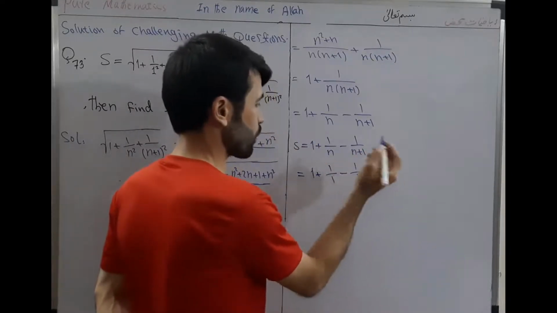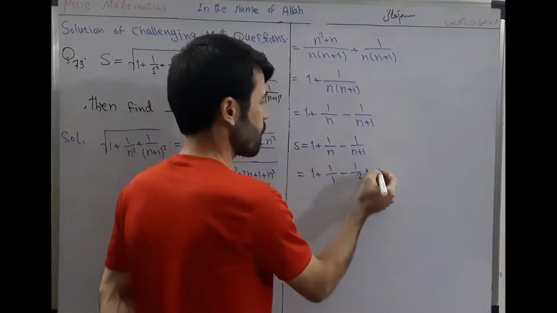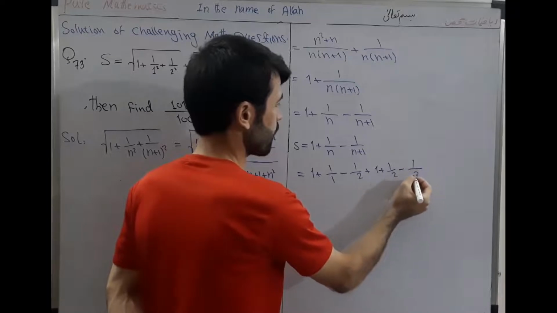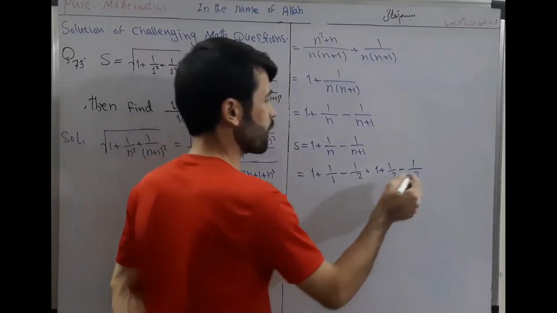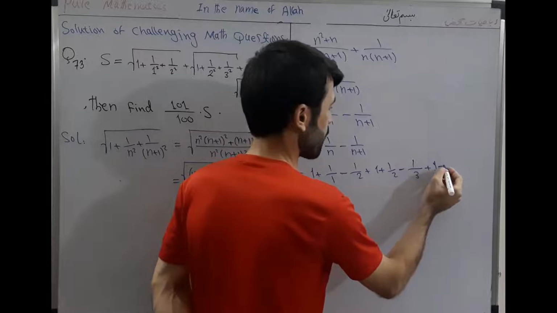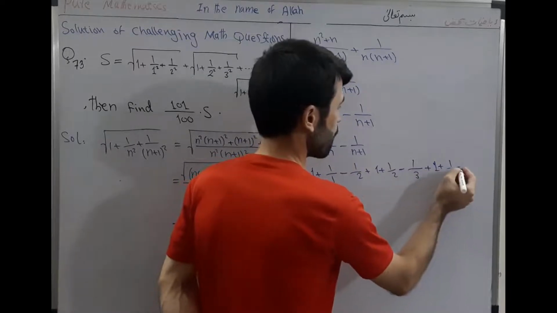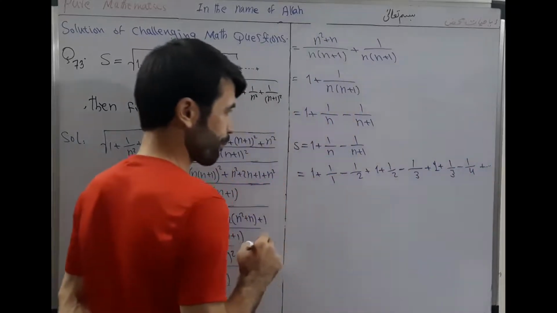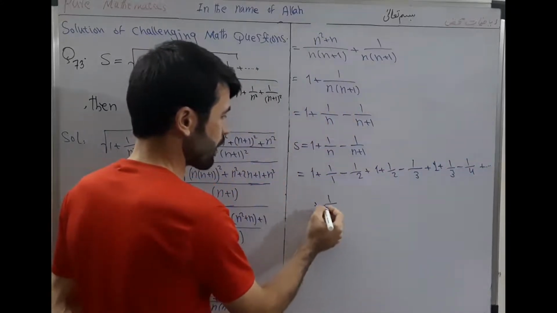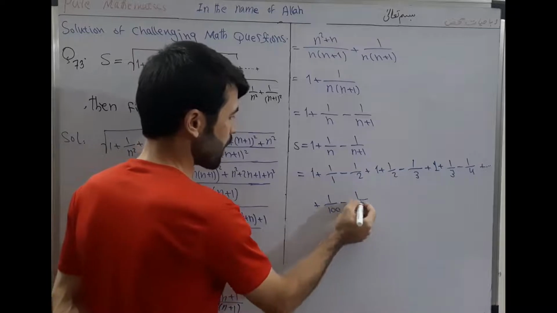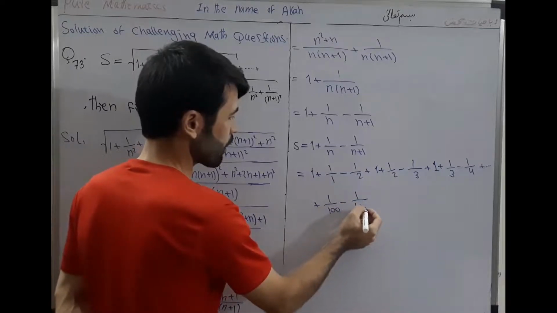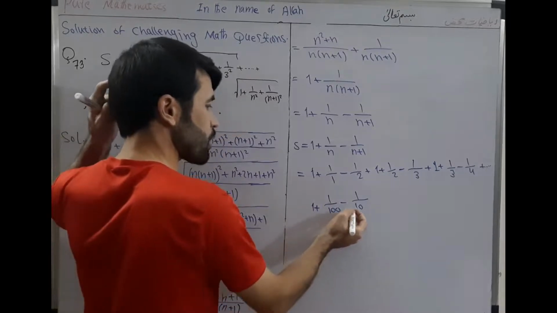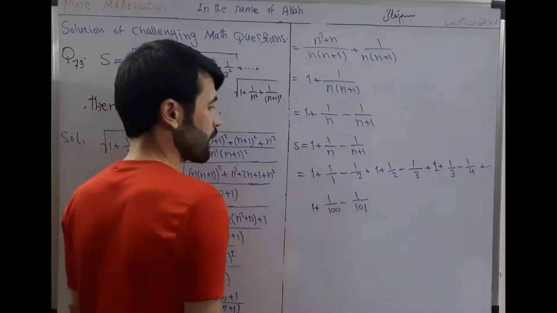If n is equal to 2, then plus 1 plus 1 over 2 minus 1 over 3. If n is equal to 3, then we get plus 1 plus 1 over 3 minus 1 over 4, plus and so on, plus 1 plus 1 over 100 minus 1 over 101.